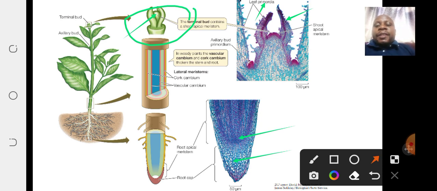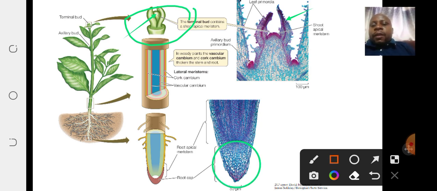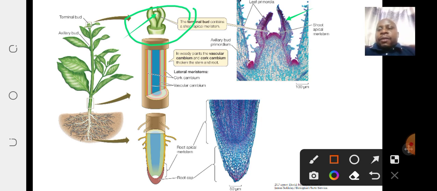So to prevent these delicate meristems from abrasion, from being ground by the soil, we have the root cap. This root cap protects the meristems. These meristems usually divide by mitosis, hence bring about primary growth.